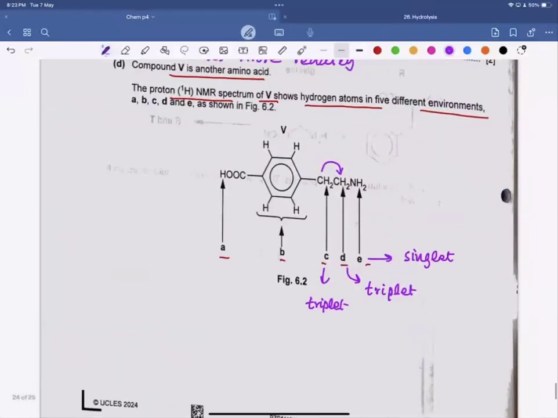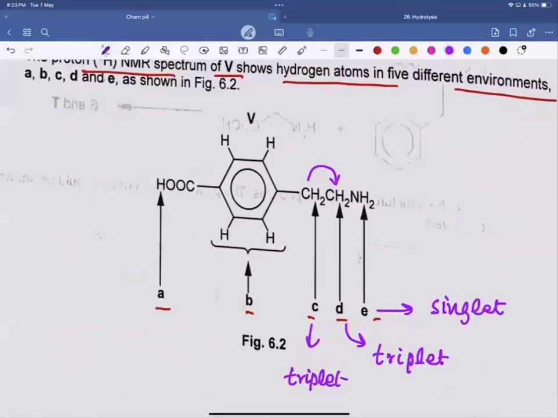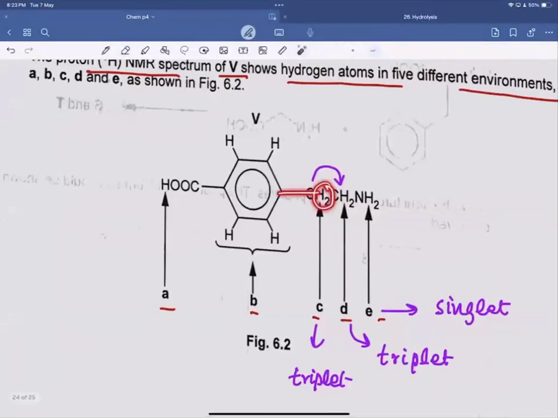If you look at C, C are these two hydrogens, right? And they are neighbor to the benzene ring. It's proton NMR, analytical chemistry. You guys have recordings of it on YouTube as well. So see, it's next to the aromatic ring, and on the neighboring carbon we have two hydrogens. So the splitting pattern will always be identified by n plus 1, where n is the number of hydrogens on the neighboring carbon.